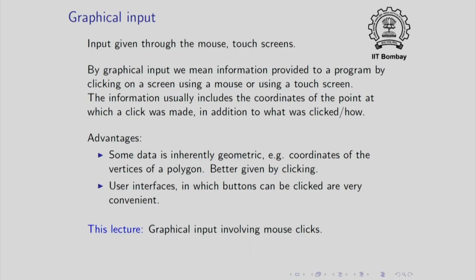In this lecture, I am only going to talk about graphical input involving mouse clicks. Later on, we will do more complicated graphical input. For example, how do you discover that a mouse is being dragged, or specifically which mouse button is being clicked, and things like that.